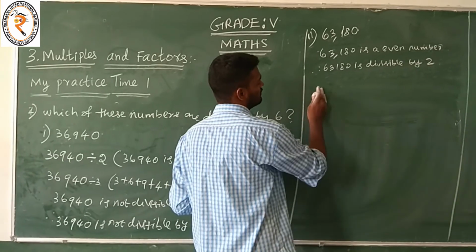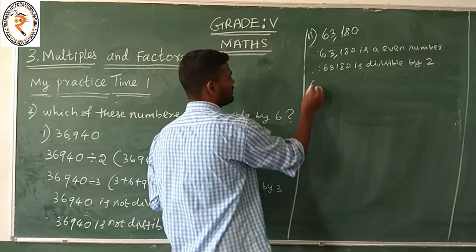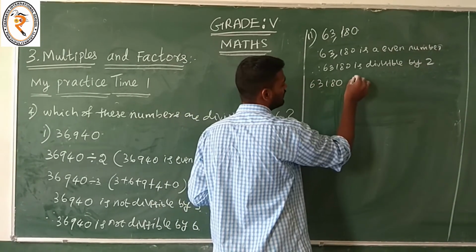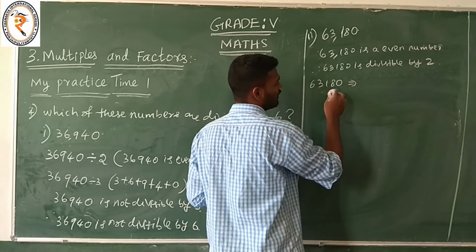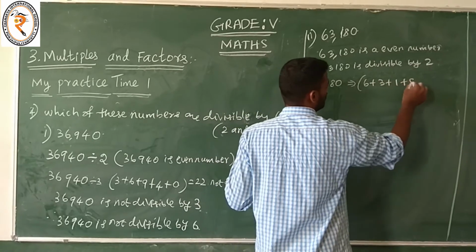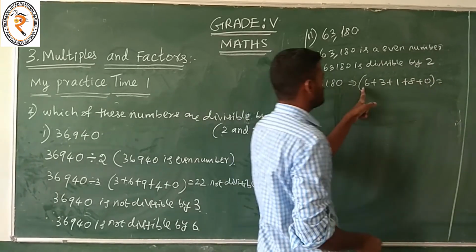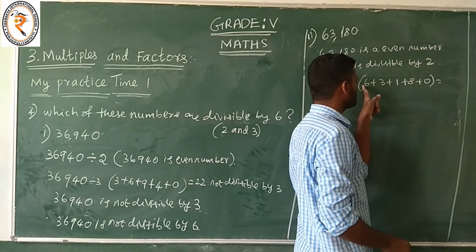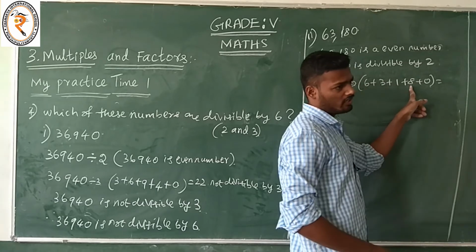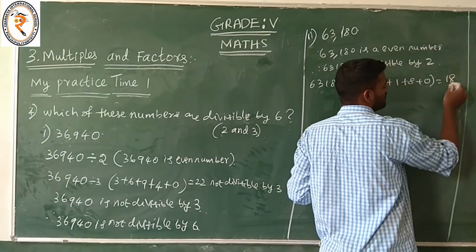And for 3, we add the sum of the digits: 6 plus 3 plus 1 plus 8 plus 0. 6 plus 3 is 9, 9 plus 1 is 10, 10 plus 8 is 18, 18 plus 0 is 18. 18 is divisible by 3.